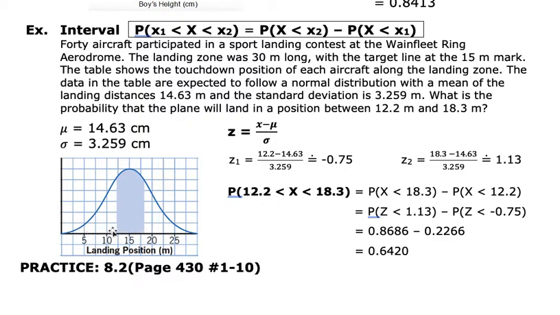And what we can do is take the area to the left of the right interval, so that's all of this area underneath the curve, take away the area underneath the curve to the left of the left endpoint, x1, and the remainder is the difference between the two. So notice x2 refers to this point here, x1 refers to that left endpoint here. And that strategy will help you find areas underneath the curve in an interval.